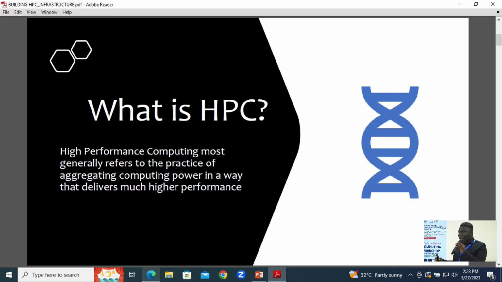So like I said, high performance computing is generally referred to as the practice of aggregating computing power in a way that delivers much higher performance. Most times we look at it like a cluster of computers using the resources in each of these computers, most especially the computing resources. You might have more than one server in a data center.